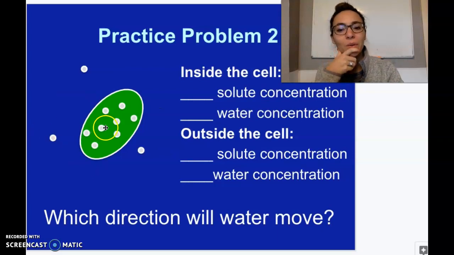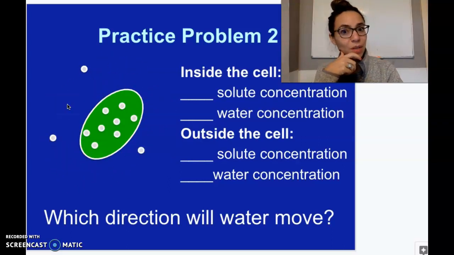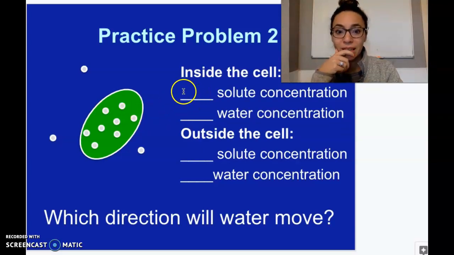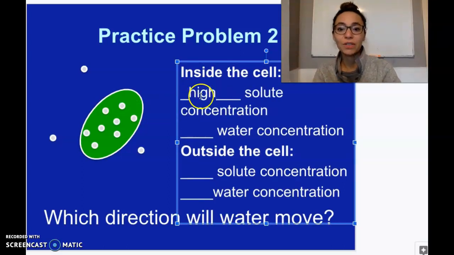How about here? We've got a higher concentration of solutes inside the cell, lower concentration outside. What direction will the molecules, the water, move, right? If these are solutes, the solutes can't move. The water's going to move, right? So inside the cell has a high concentration of solutes.